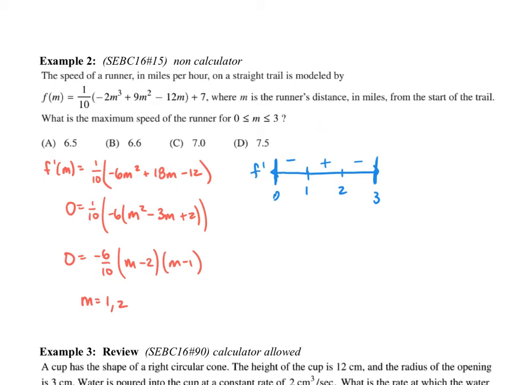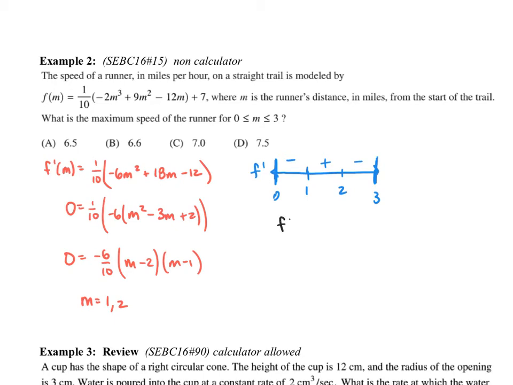So hypothetically, there could be a maximum at 0, or there could be an absolute maximum at 2. We know there's not going to be an absolute maximum at 3 because we've decreased from wherever we were at 2, so that doesn't make any sense. And we also know that this is a relative minimum, and there's obviously no way for a relative minimum to turn into an absolute maximum.